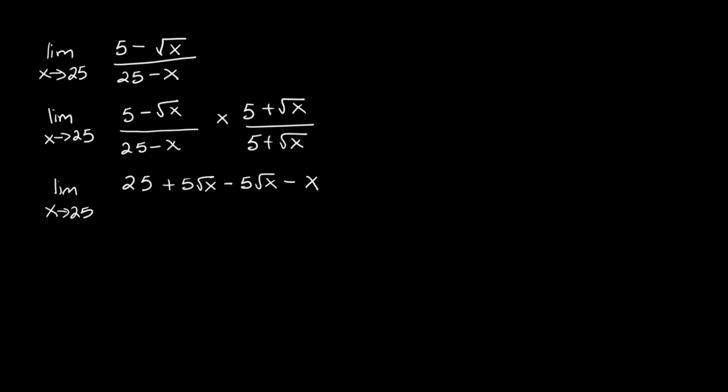So we have negative x right here, and we divide this by our denominator, which should be 25 minus x multiplied by 5 plus the root of x.